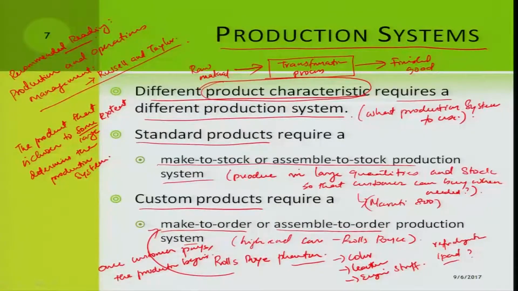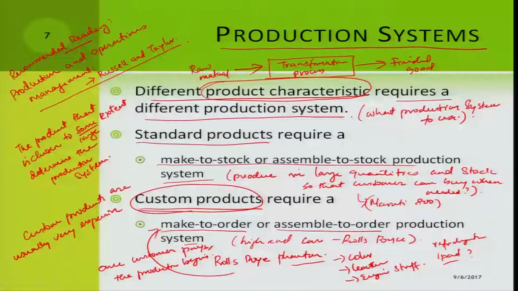Okay. These are meant for highly customized products. It is per the discretion of the customer. It is not a standard product. So, obviously, the main difference between custom products and standard products is that custom products are usually very expensive when compared with standard products.